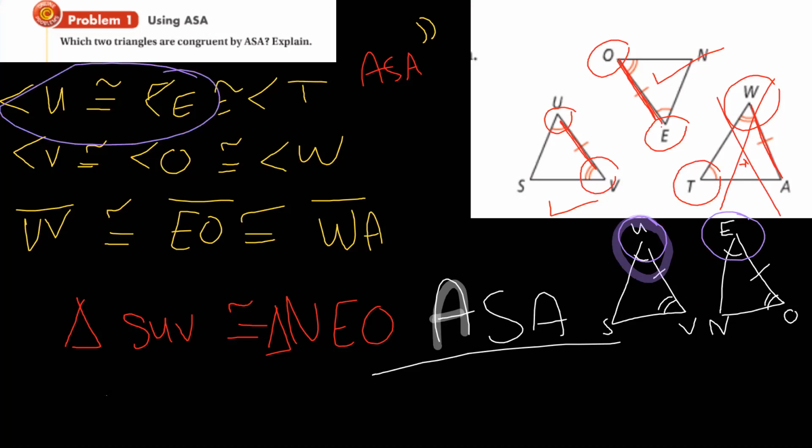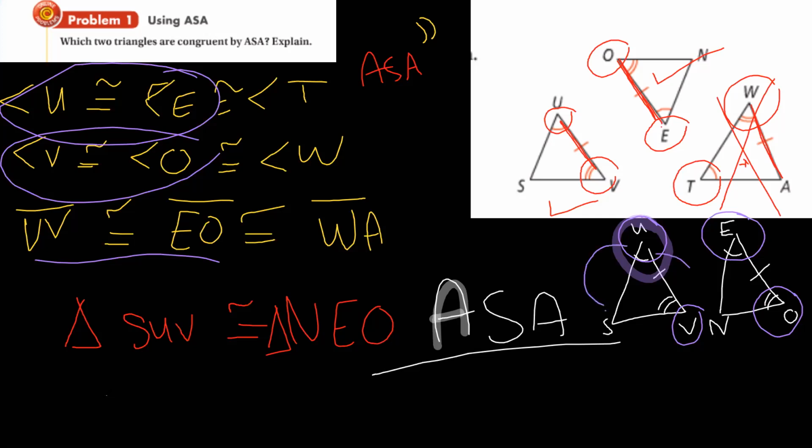And also angle V is corresponding to angle O, and UV is corresponding to EO. So I will name it S, then U, then V. SUV is corresponding to NEO. Since they are corresponding, they are congruent.